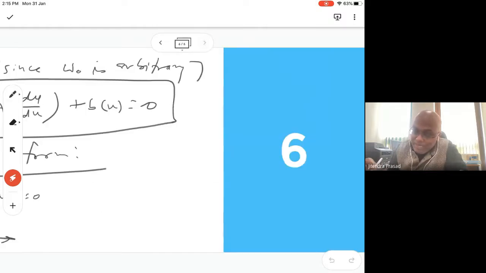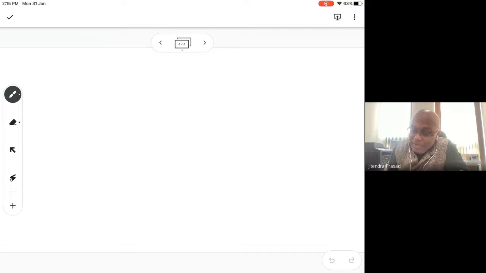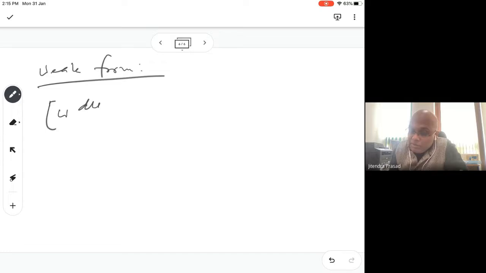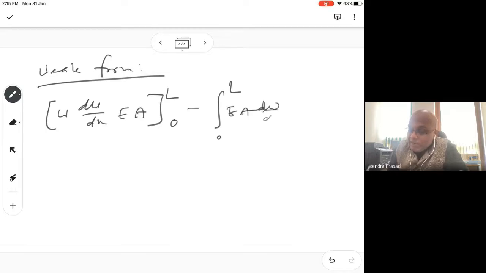Okay, what I mean to say is, look at the weak formulation. What do you have? You have W du over dx EA, evaluated from 0 to L, and then you have the integral from 0 to L of EA dw over dx du over dx, plus bw dx, is equal to 0.